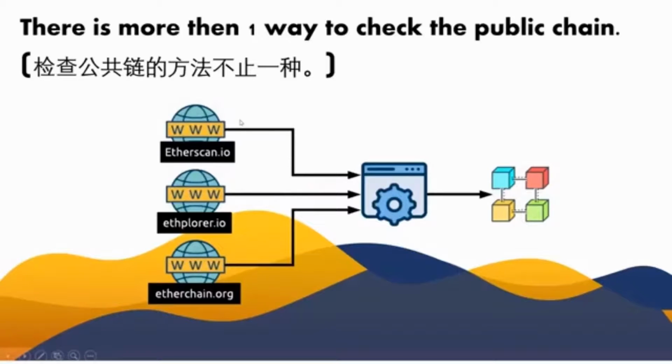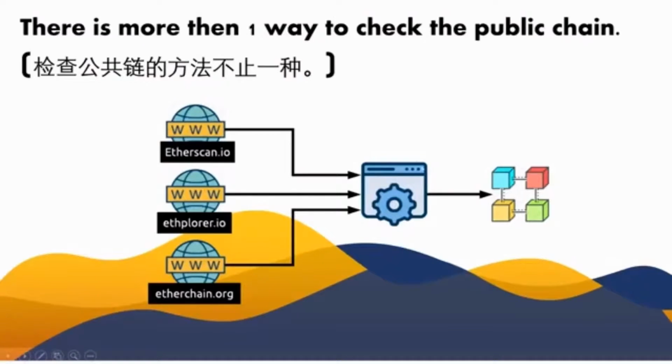This is just one way to check Ethereum here. There's more than one way to check, and all of these blockchain explorers or Ethereum explorers should show you the same result. So let's use Etherscan as an example.